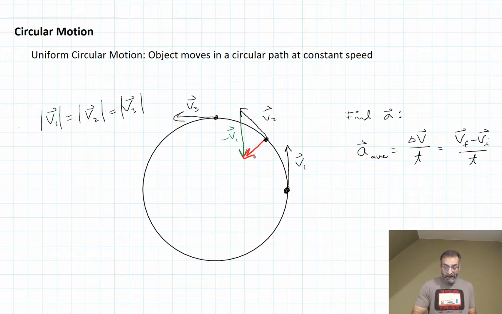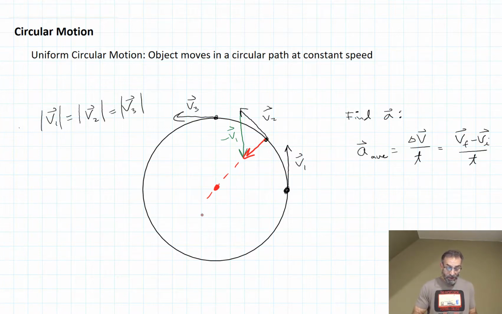And then my acceleration vector is going to be proportional to this red vector here. This red vector is equal to v2 minus v1. I have to divide by time to get the acceleration. But this is proportional to my acceleration, and it points in the same direction as my acceleration. And what direction is it pointing? Toward the center of the circular path.